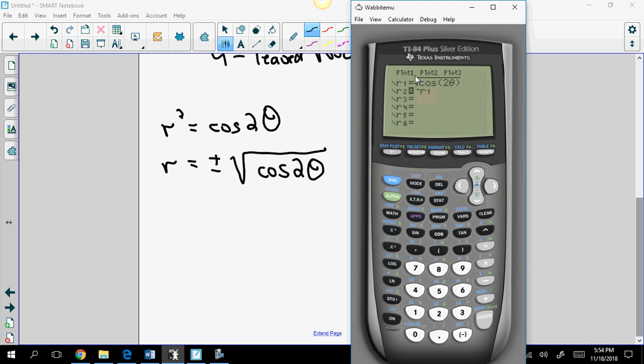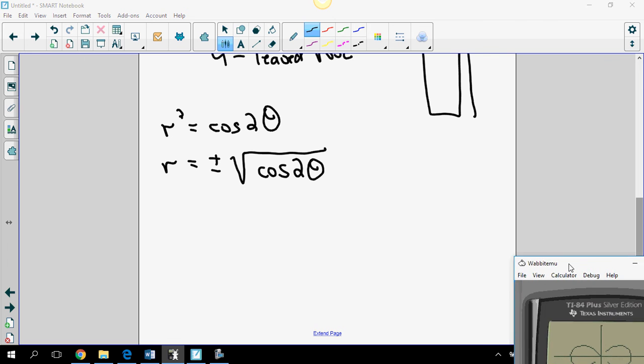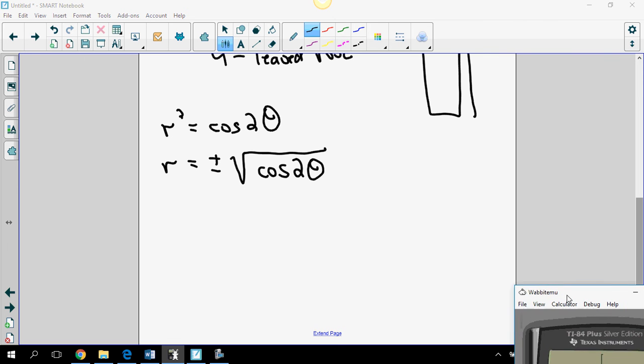That's because I was too lazy to type negative that. And let's graph it. Nope, to graph the infinity symbol, I only needed one of the two. Isn't that cool? You don't have to graph the plus or minus piece. Okay.